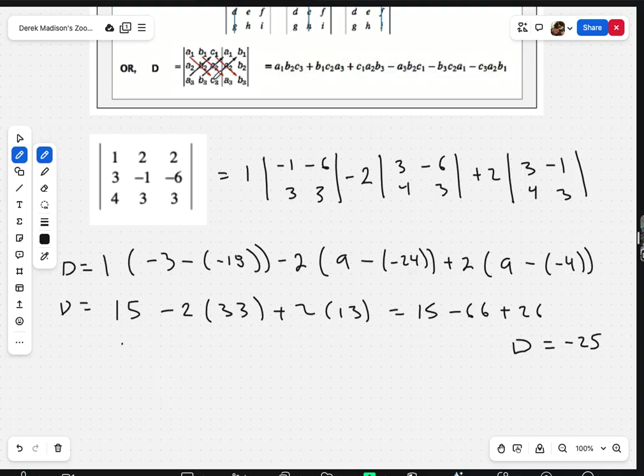The other way is to write down this matrix, and that's what this one right here is showing. And you duplicate the first and second columns again to make the fourth and fifth columns. And then what you do is you multiply down each of the diagonals. So all this mess over here is going, multiply those three together, that's your first number, multiply those three together, second number, those three together, third number.